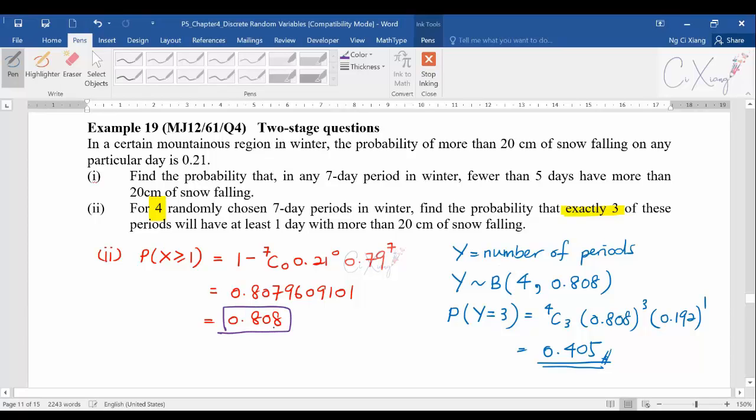0.808. I cut it short because originally it is a long value, right? When I cut it short, I put it into my next calculation. So please take note, the 0.808 is not the final answer for this whole question. Although you write 0.808 in your solution, when you are pressing the calculator to get the answer, please make sure that you press out the long value.